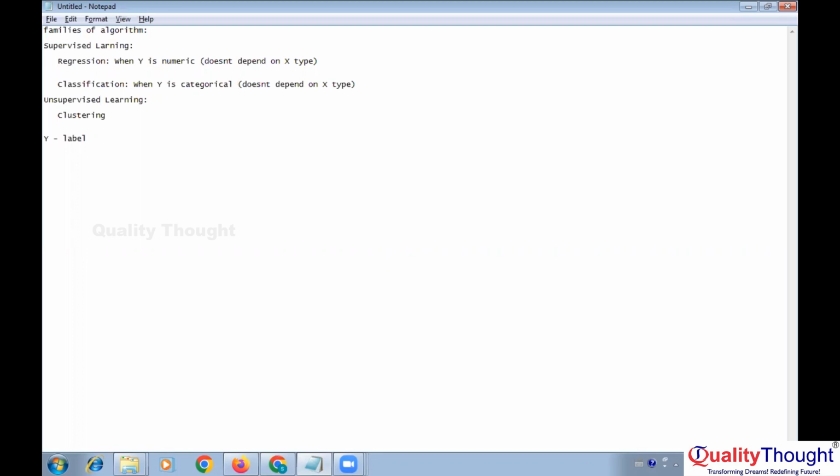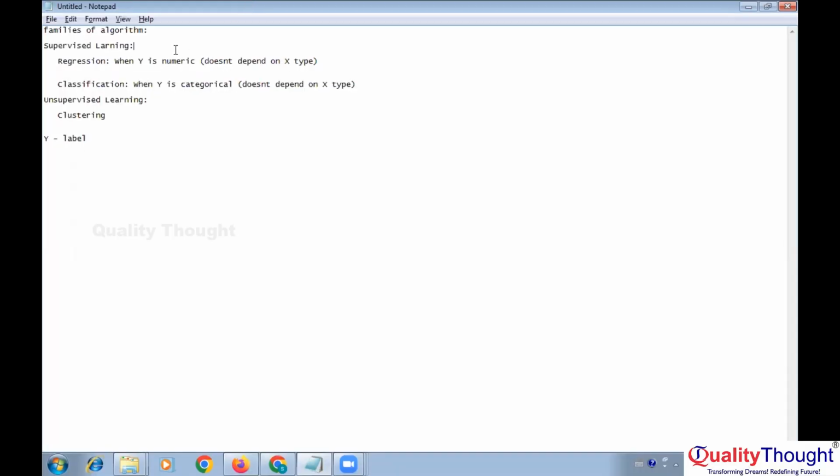So this is how you have to first look at whether it is a supervised problem or unsupervised problem. Do they have Y or not? If they have Y, it is a supervised problem. If they don't have Y, it is an unsupervised problem. So that's the first question that you have to ask yourself: supervised or unsupervised, X or Y. Second, if it is supervised, Y is there, then what is the nature of Y?